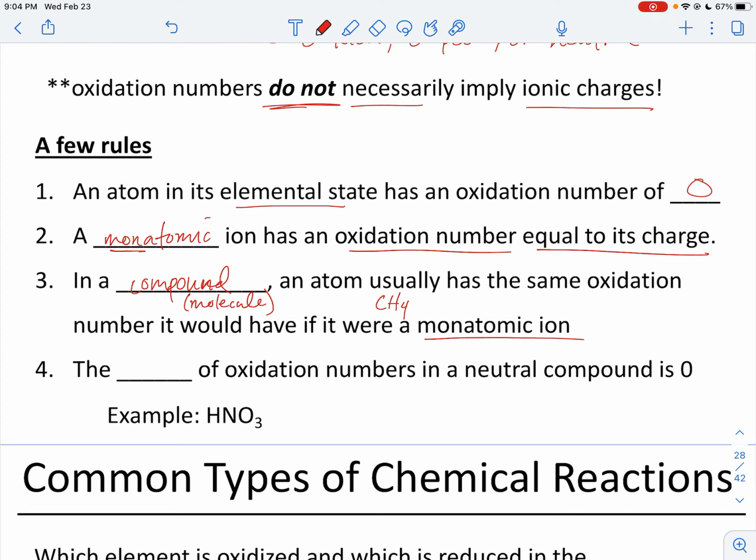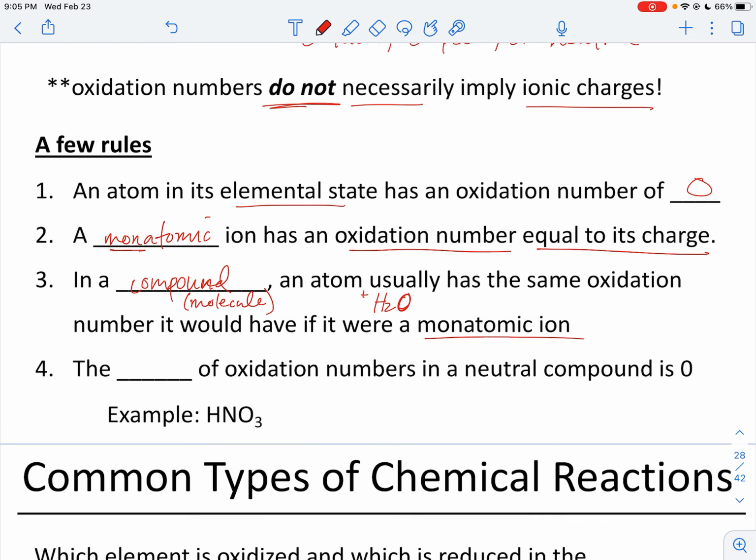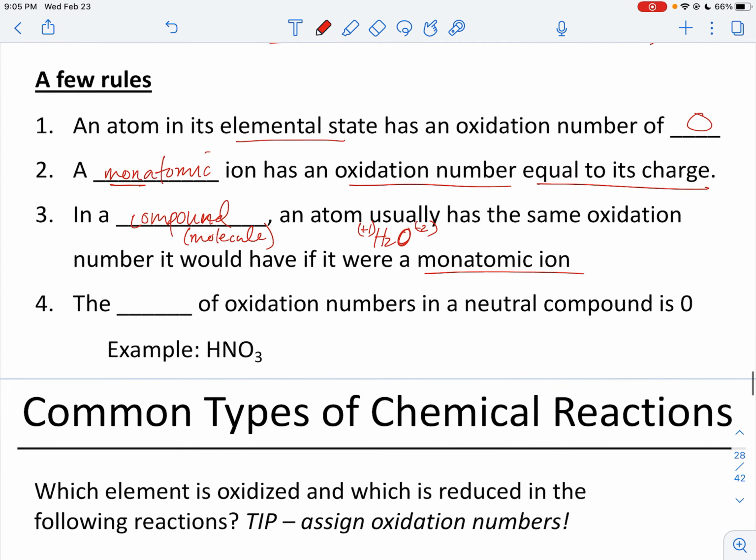That's actually not a great example to start you guys off with. What is a good example? Probably like H2O, water. Okay, water is a covalently bonded molecule, but we would go through and assign numbers as if these were charges on an ionic compound. So that would be like hydrogen. You would think of hydrogen having a +1 and oxygen having a -2. Okay, which is what they would be if they were ions.